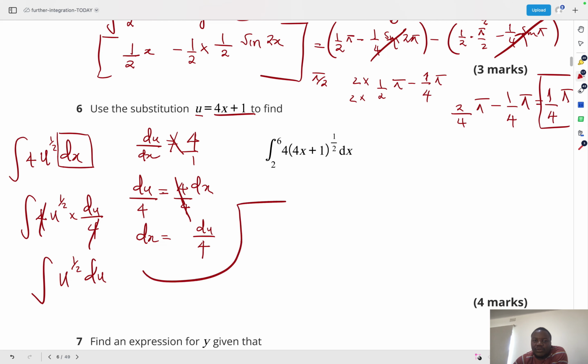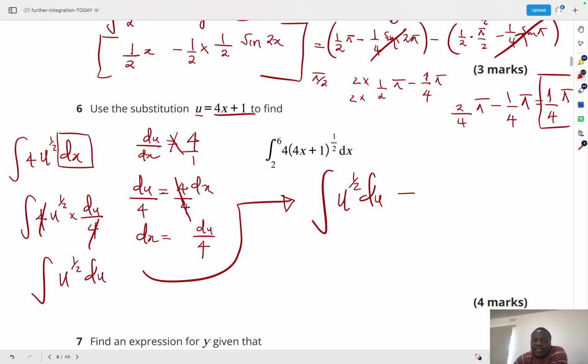So what I'm going to do now is come over here. We are integrating u to the power of half du. This is just a normal function. We add 1 to the power and divide by the new power.